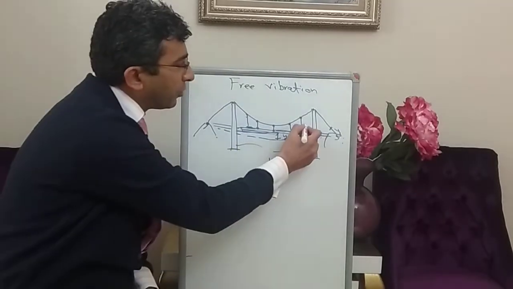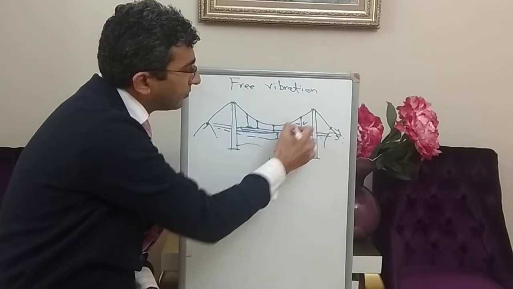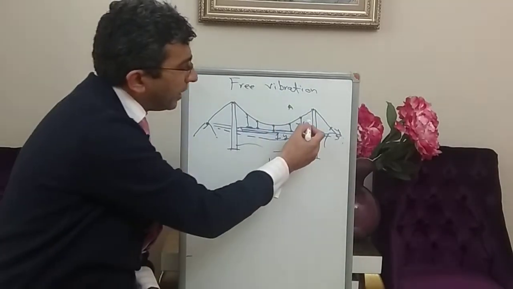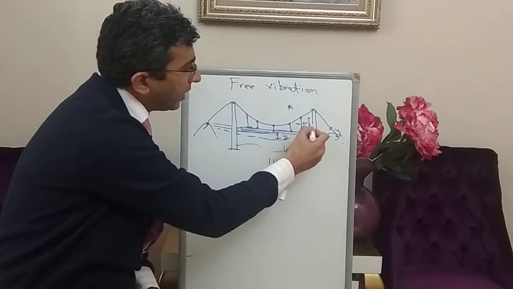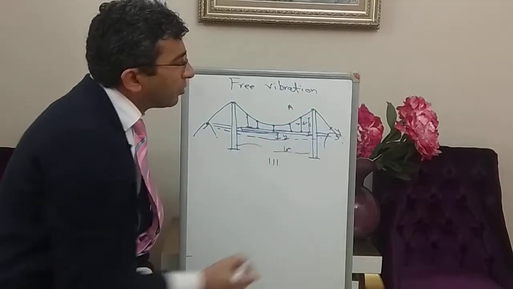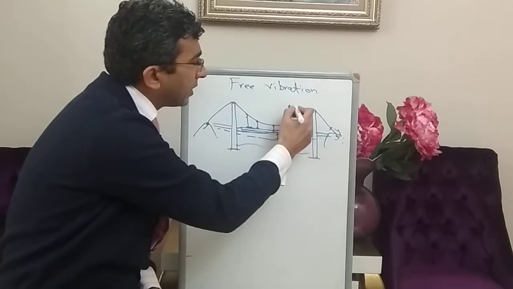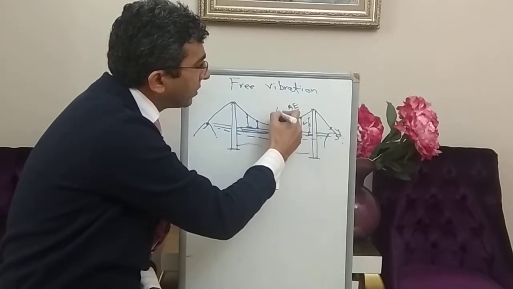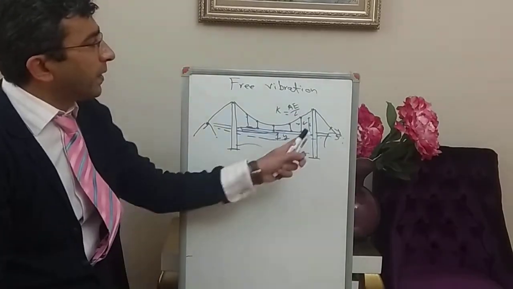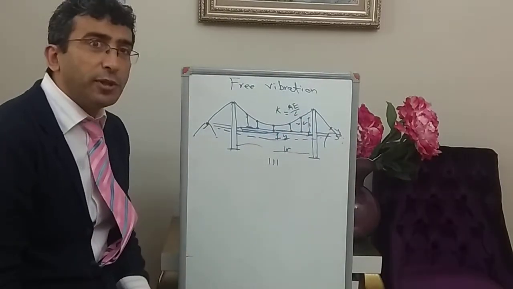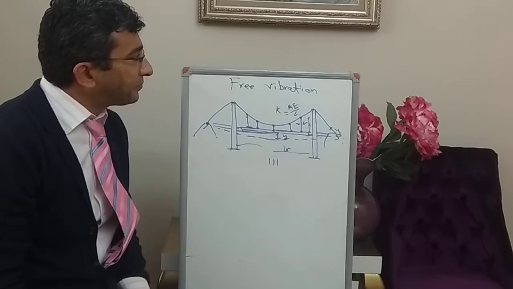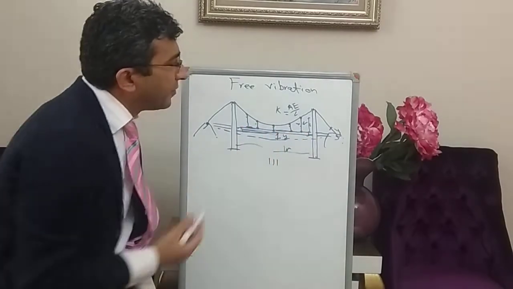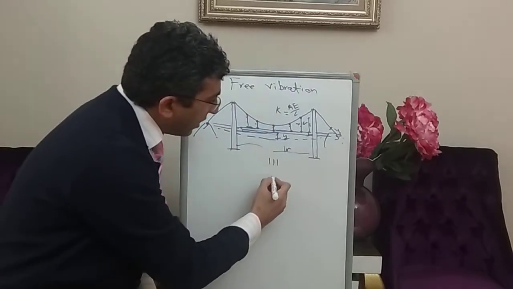You may change this to the following system. If you know the diameter of this cable, you can know the cross-sectional area, and you know the length of this cable L, and the modulus of elasticity of the material. So A times E divided by L for each individual cable, and if you sum all these cables, you can obtain the global stiffness.